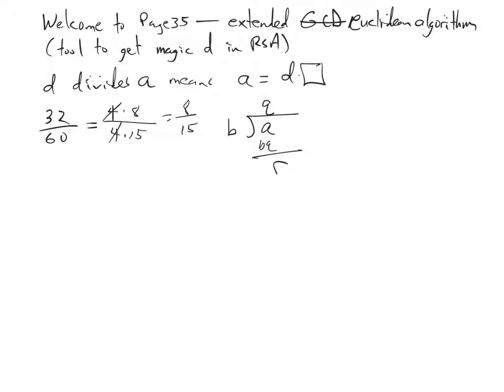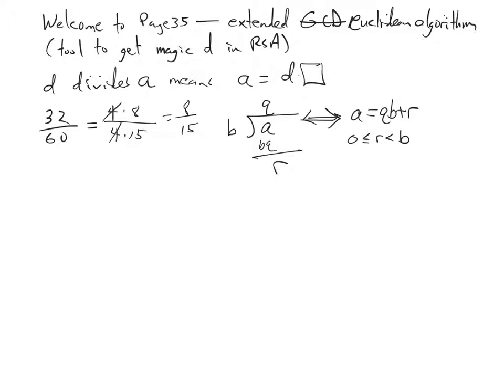And the number down here we call R. So the equivalent way to write that in mathematical form is that A is equal to QB plus R. So we're finding the most number of B's you can subtract from A is Q, and then you're left over with R. And of course this is with 0 less than or equal to R less than B. So the remainder is always smaller than the thing you're dividing by.